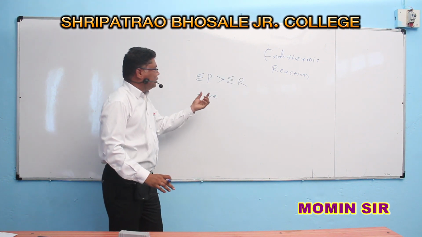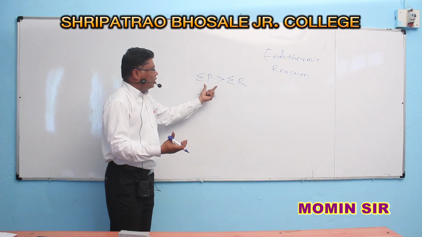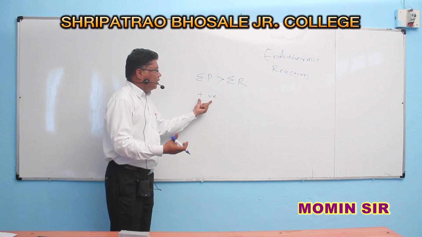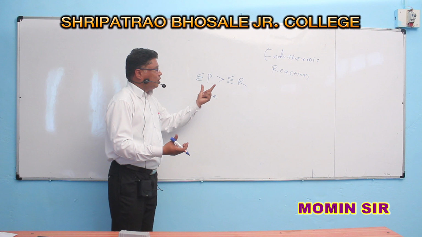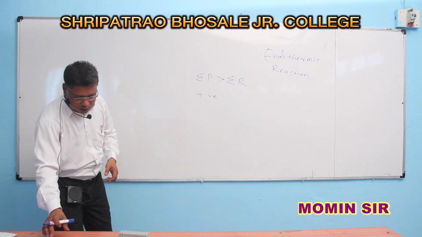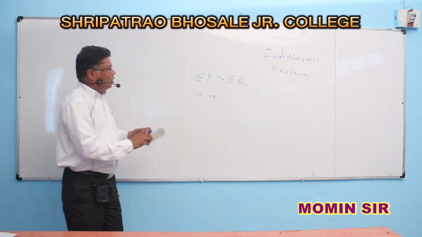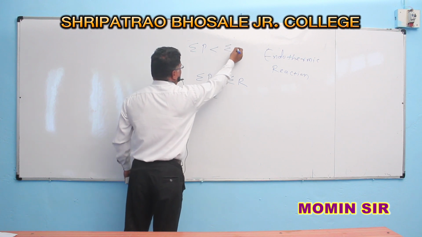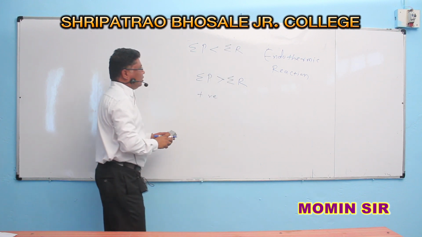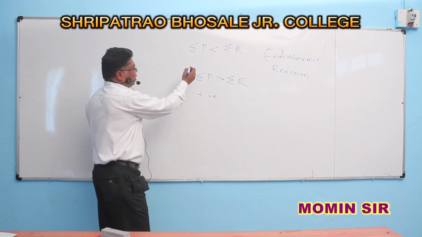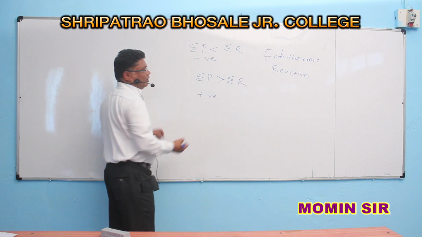In an endothermic reaction, enthalpy of product is greater than enthalpy of reactant. That's why the value of enthalpy change for an endothermic reaction is positive. And for an exothermic reaction, enthalpies of products are less than enthalpies of reactants. That's why in an exothermic reaction the value of enthalpy change is negative.